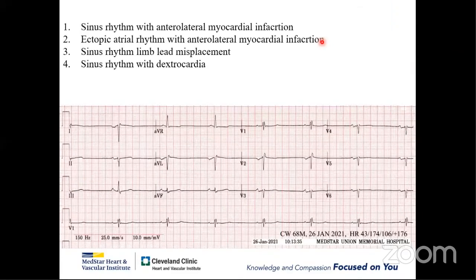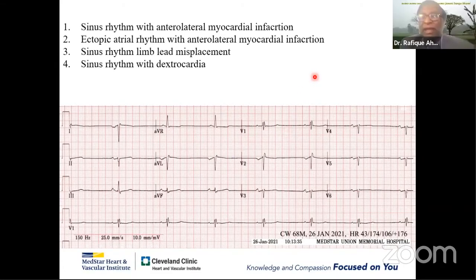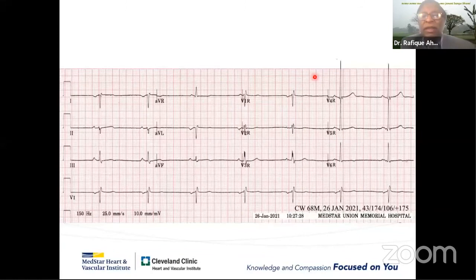So this is the original ECG. It was a created problem. Sir has put the limb leads as they are, but the chest leads he put on the right side. Exactly. So in this ECG, I did not change the limb leads.